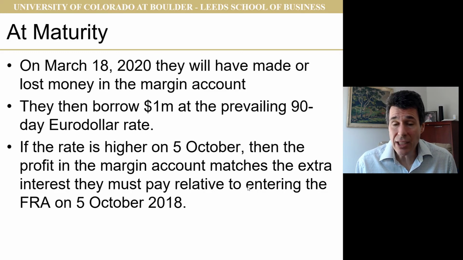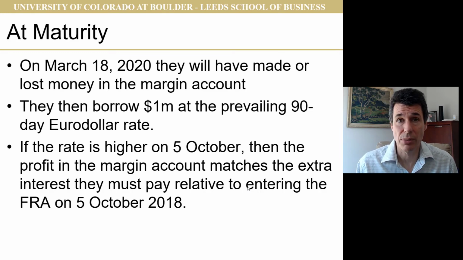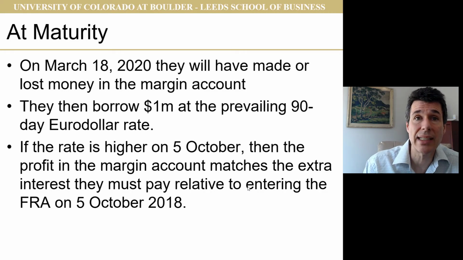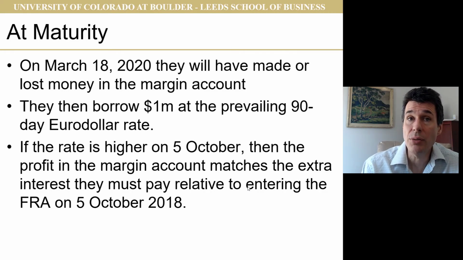And essentially, they're borrowing at the rate that was available on the 5th of October, the 3.29%. So basically, they've been able to lock in the rate using Eurodollar futures.